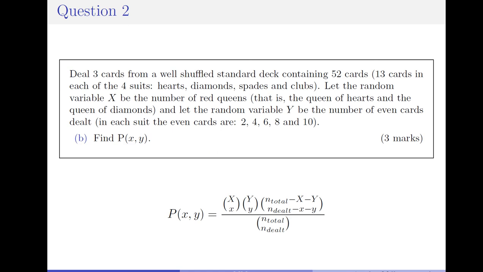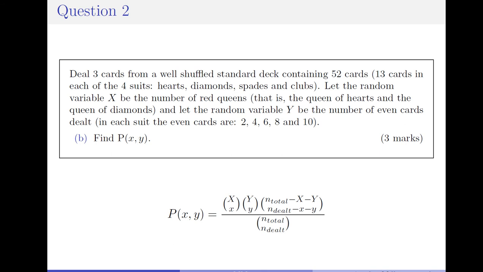So the formula is: capital X choose lowercase x, capital Y choose lowercase y, n total minus X minus Y, n dealt minus x minus y, all divided by n total choose n dealt.